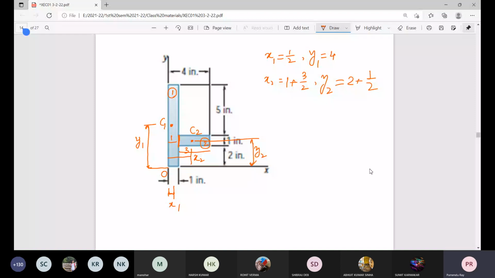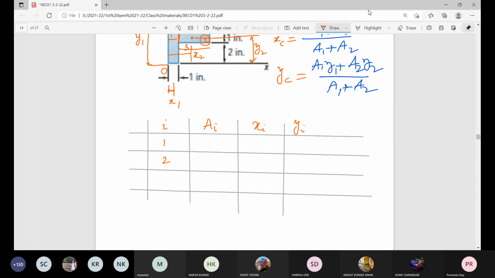Element 1 and 2, the area of those elements, then the locations xi. I'm writing something on the screen. Is it available there? Yes, sir, it is visible.